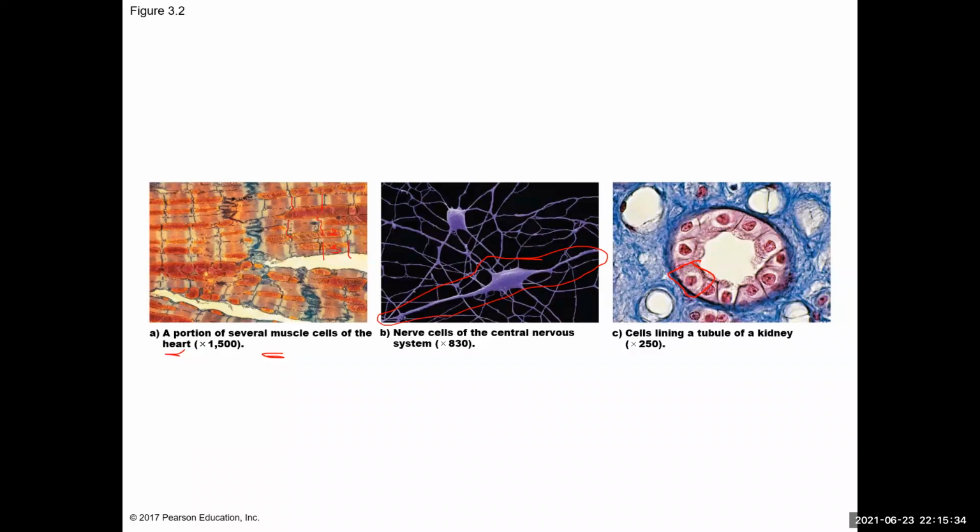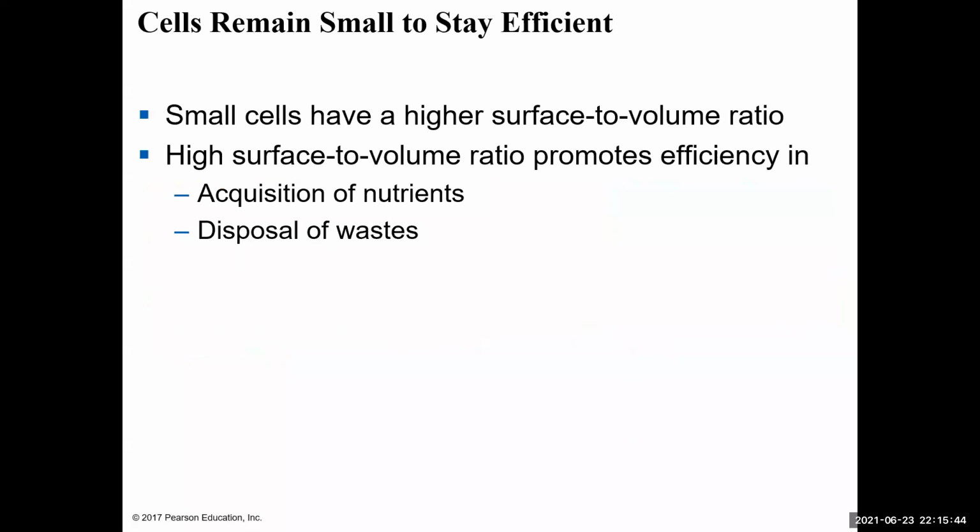So very different structures, very different functions, even though they all are eukaryotic cells that have the same organelles and kind of the same general composition. And like I mentioned in the previous slide, cells are small because that allows an increased efficiency in terms of moving material in and out of the cell and across and throughout the body.